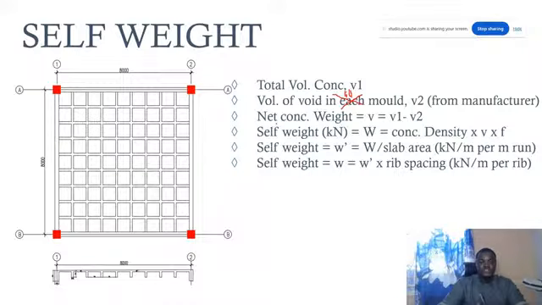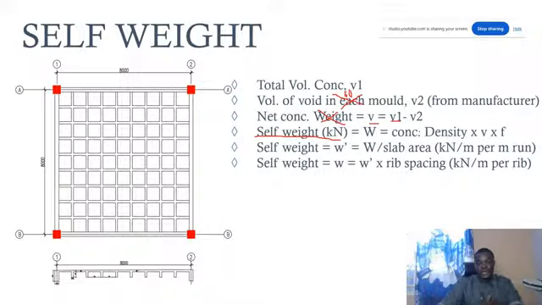Then you calculate your net concrete volume. This is not weight, this is volume, the volume of concrete you have. That will be the total volume of concrete minus the volume of void. We all know this simple mathematics. Then in order to calculate the self weight in kilonewton, we know the volume, and we know that waffle slab is a concrete material.